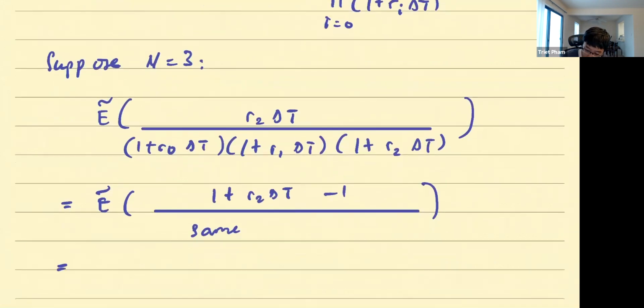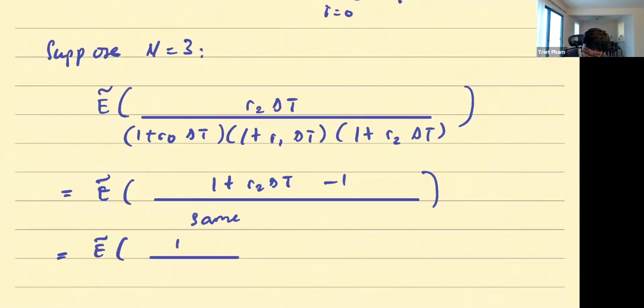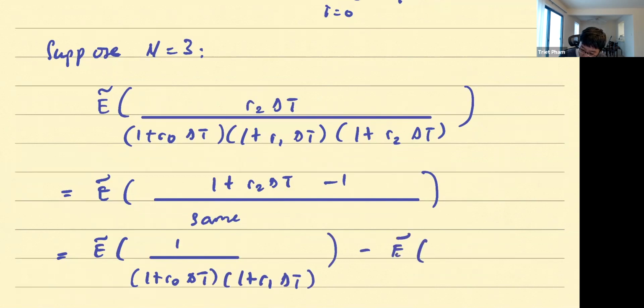Well, if you just look at the 1 plus term, then it cancels exactly with this, and you only have these two factors left. So basically you got E tilde of 1 over 1 plus R0 delta t, 1 plus R1 delta t, and the other one will be 1 over, over 3 periods.